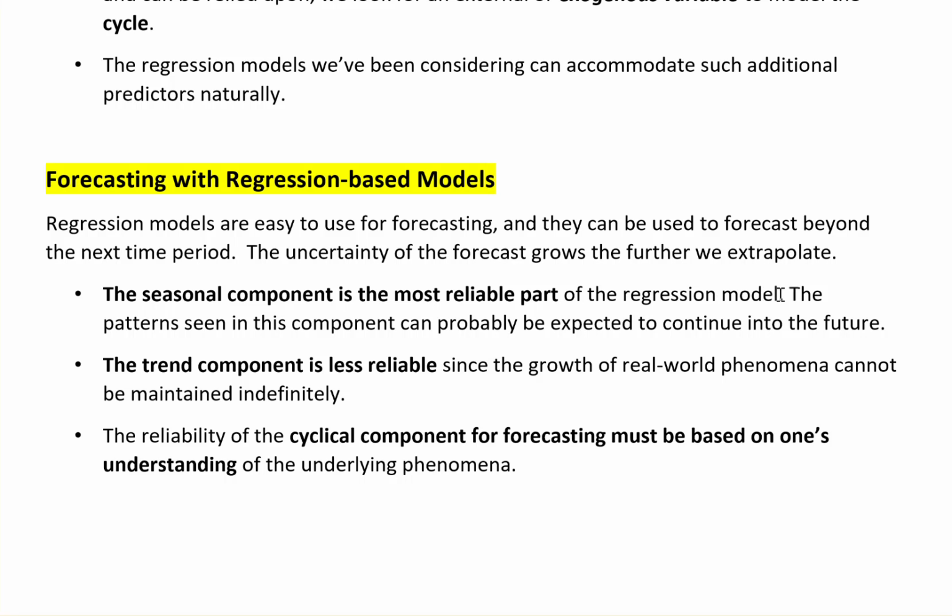Since it has been repeated for so many years, we expect it to continue this pattern into the future. But the trend component is less reliable, because the growth of a real-world phenomenon cannot be maintained indefinitely.